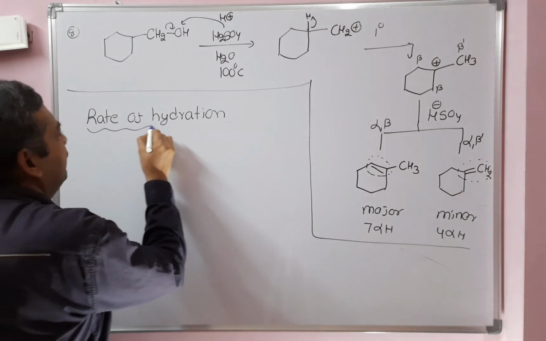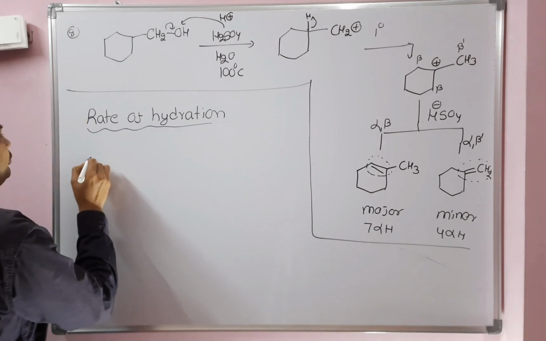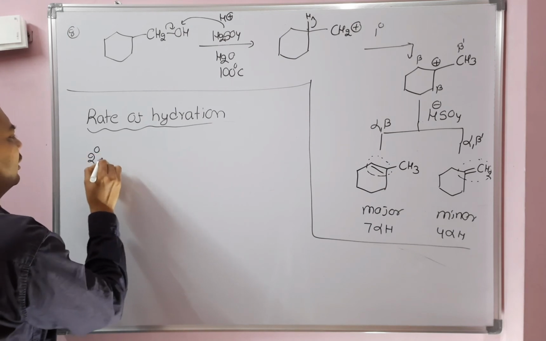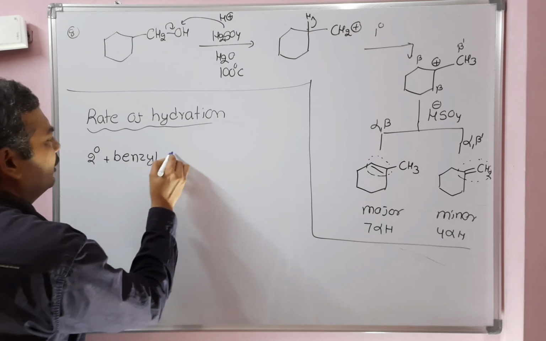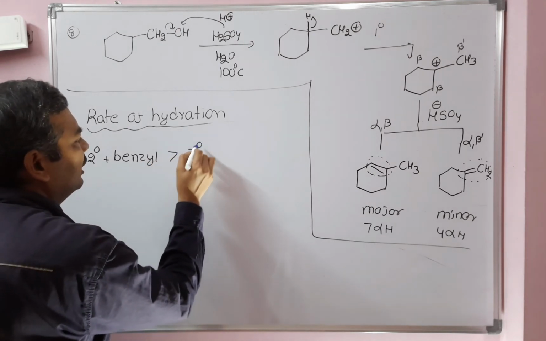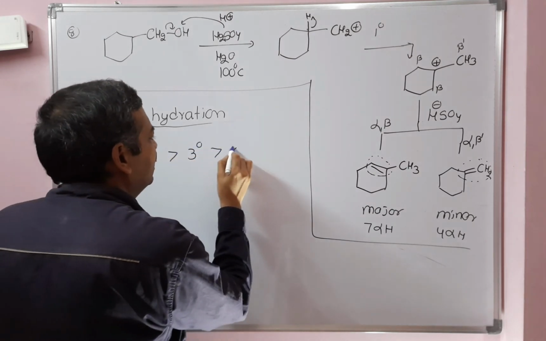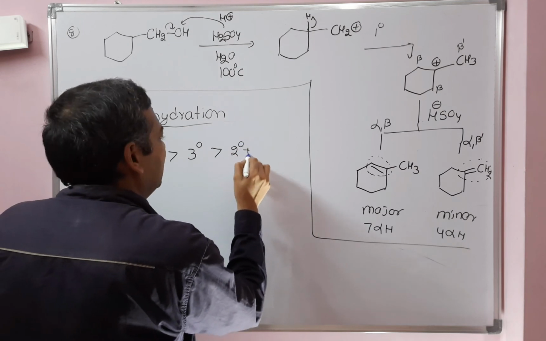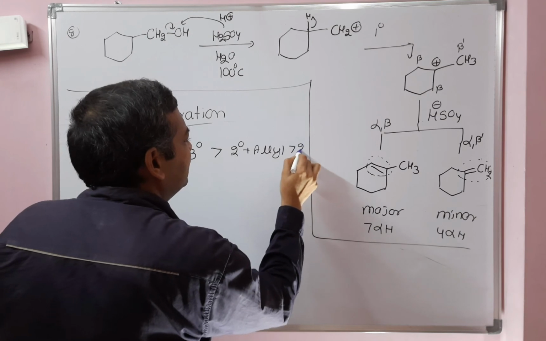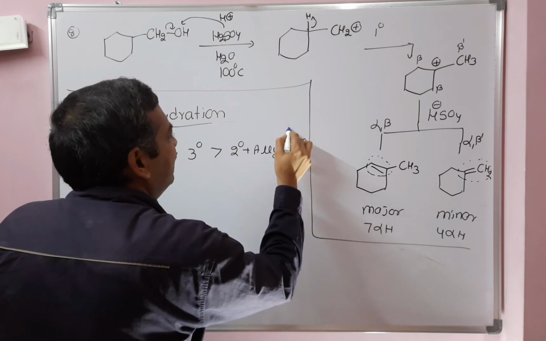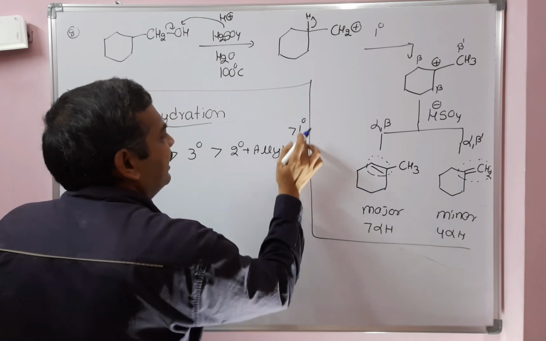One point you can remember here: secondary alcohol with benzyl will always readily undergo dehydration. After that, tertiary alcohol will readily undergo dehydration. After that, secondary plus allyl, and the least is secondary and then primary.